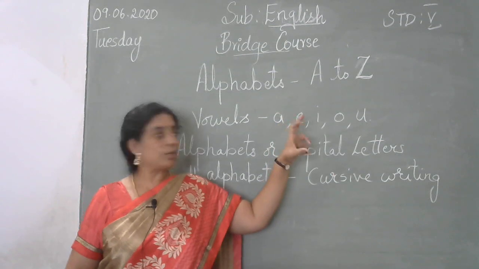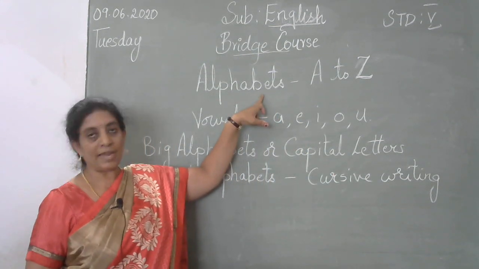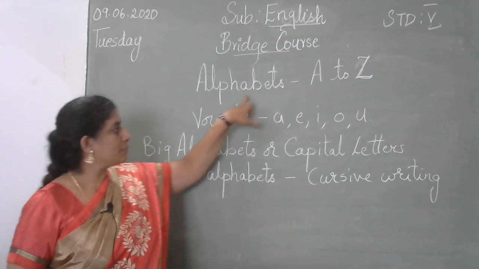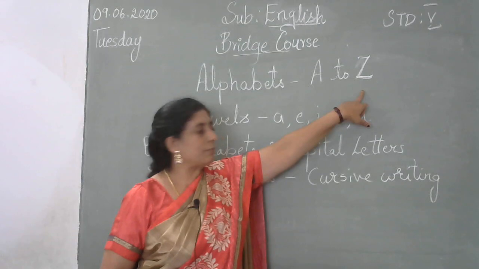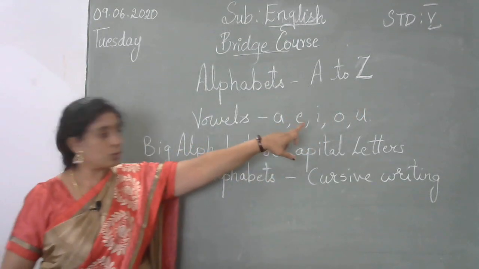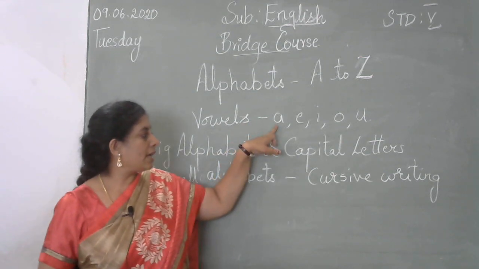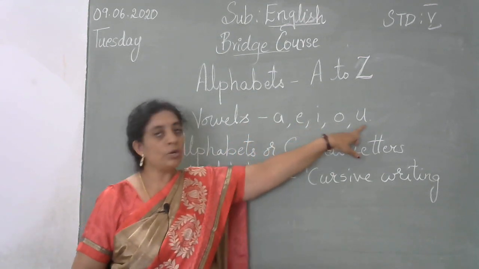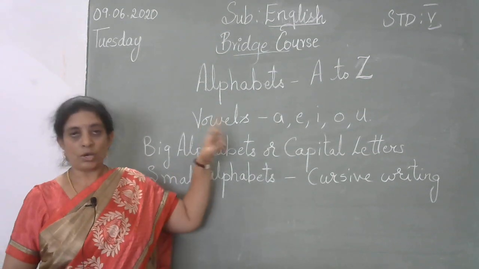Now I will give you a small recap of the meaning of alphabets. Alphabets means we have from A to Z, and these can be divided into two groups. One is called the vowels, and in vowels you have A, E, I, O, U, and the rest of the alphabets are called the consonants.